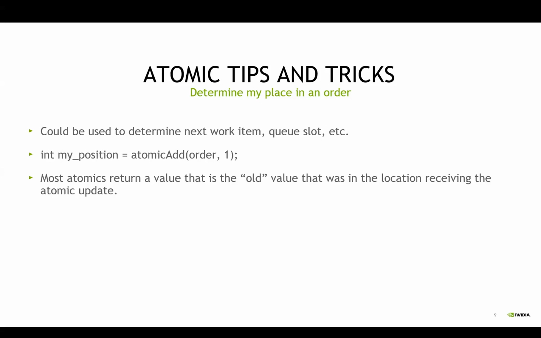In other words, it will be the value in memory that refers to the top item in the queue, the one that I'm going to take and work on. So that's an example of using an atomic to determine the next work item, queue slot, or in other respects to order operations amongst multiple independent threads. And it can typically be done very simply with atomic add.